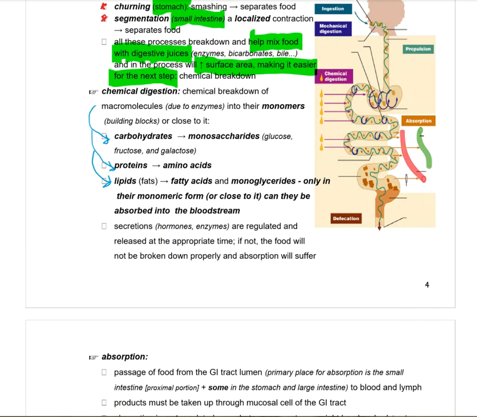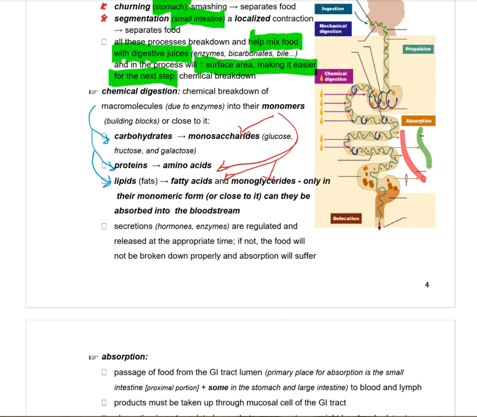Carbohydrates are the macromolecules, or we sometimes call them polysaccharides. Proteins are macromolecules, and lipids are macromolecules. Monomers, what we break them down to, are the single subunits: monosaccharides, amino acids, and fatty acids and glycerol or monoglyceride.